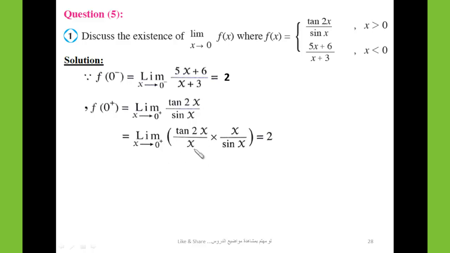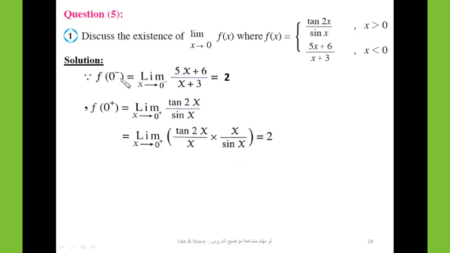Tan 2x over x when x tends to 0 equals 2. It is the rule, it is the law. And so this fraction equals 2. And the limit x over sine x as x tends to 0 equals 1. So the limit of this fraction equals 1, and the limit of the first fraction equals 2, and 2 multiply 1 equals 2.